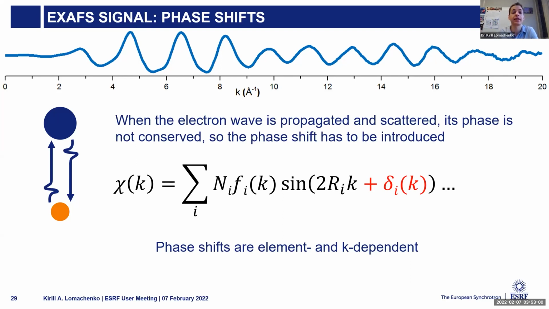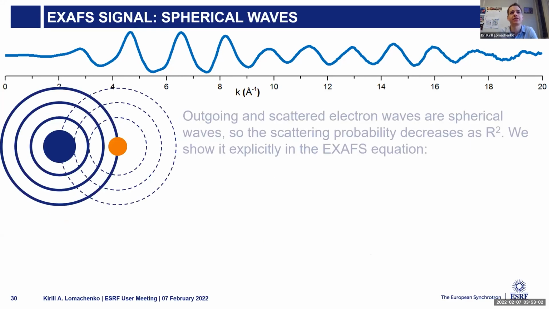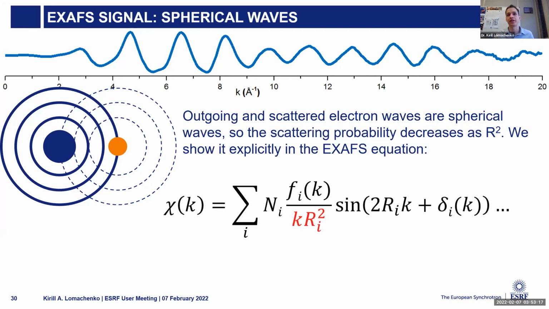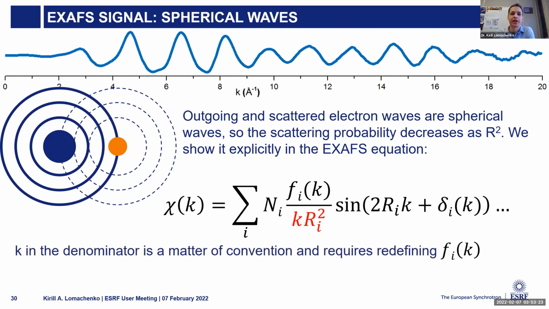Then, as I said already before, in EXAFS the outgoing and backscattered waves are spherical waves. So the scattering probability goes down as R squared. And we can show it explicitly in the EXAFS equation. Here we have R squared in the denominator, and we put also K in the denominator as a matter of convention, which requires redefining f of K.